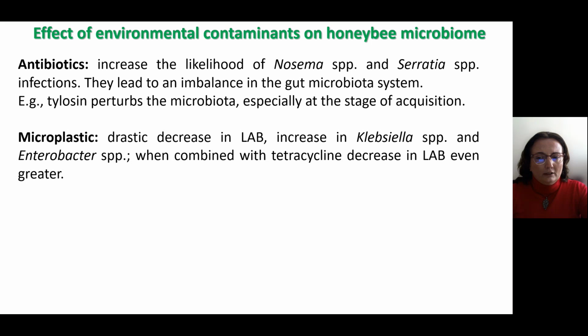Tylosin perturbs the microbiota, especially at the stage of acquisition. In the case of microplastic, a drastic decrease in lactic acid bacteria and an increase in Klebsiella and Enterobacter species was observed, especially when it was combined with antibiotics.